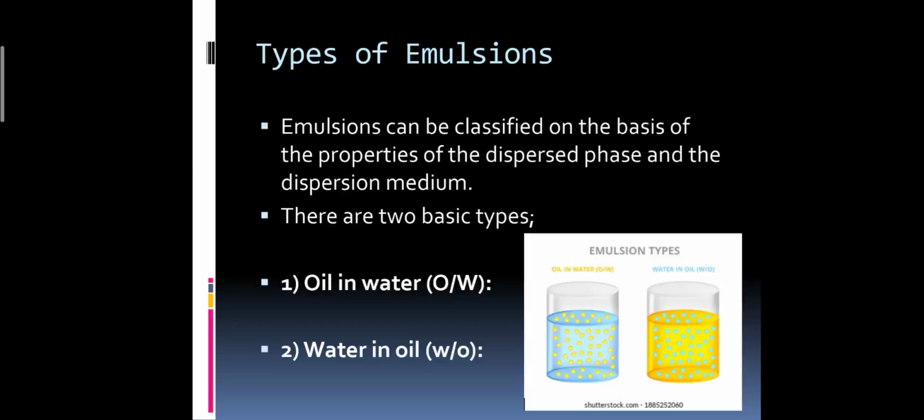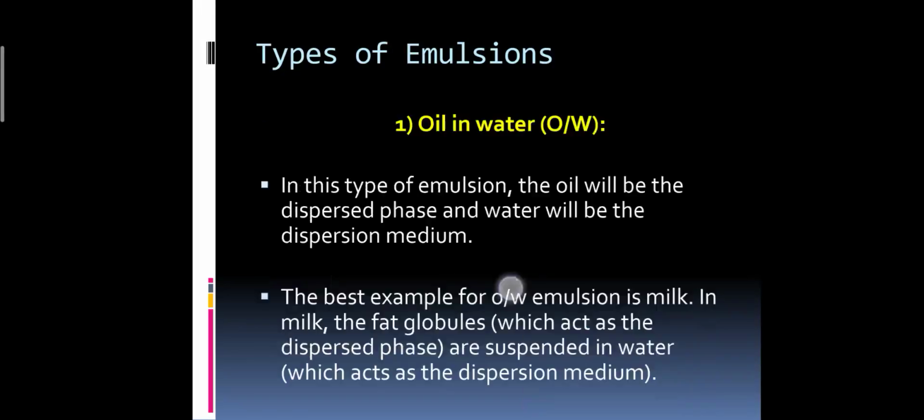The phase in which we solubilize another phase is known as the continuous phase, and the phase which we are solubilizing is the dispersed phase. So in oil in water, the oil is the dispersed phase and the water is the continuous phase. The second type is water in oil, in which the water is the dispersed phase and the oil is the continuous phase.